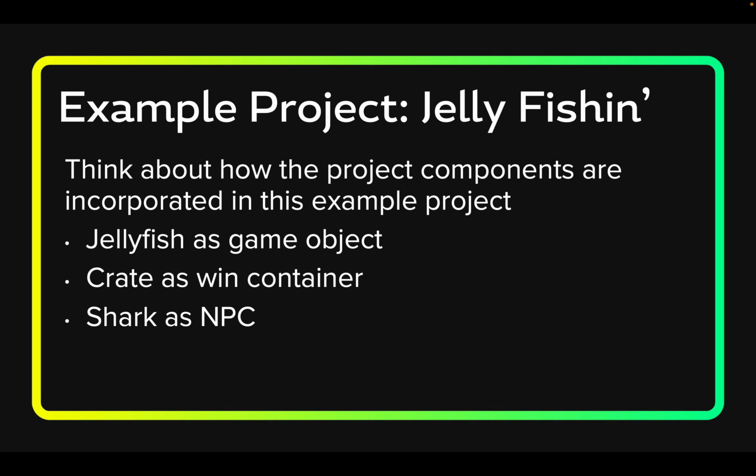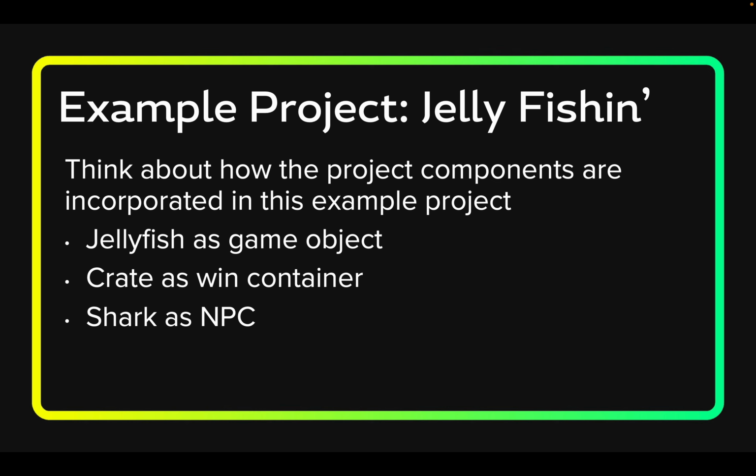And feel free, if you ever want to go above and beyond, of course, you're more than welcome. So there is an example project called Jellyfishing that you can take a look at, and this was created by our programmer. You'll be creating the character and environment. So the jellyfish is the win object or the game object.